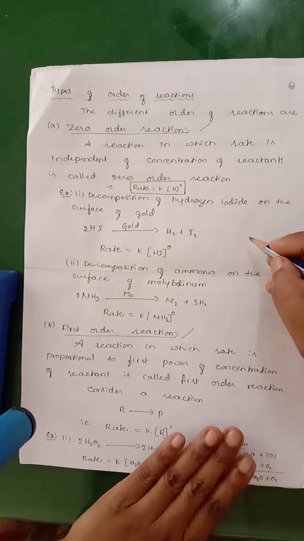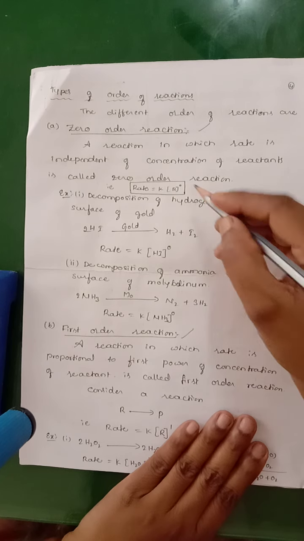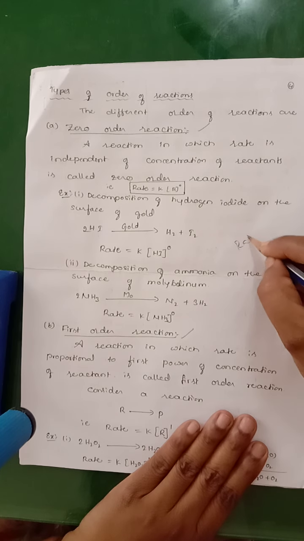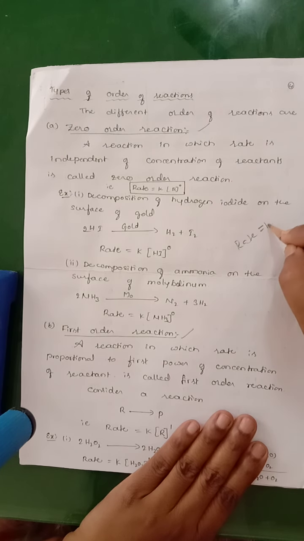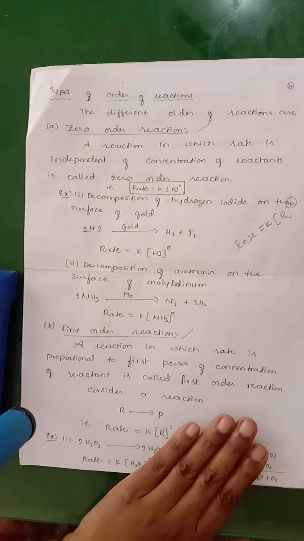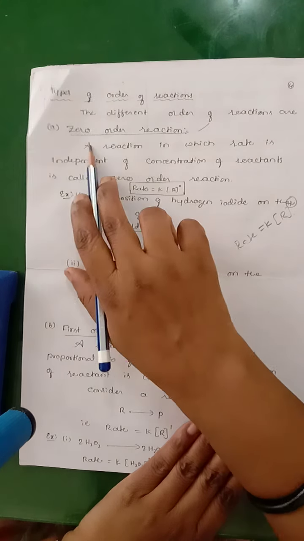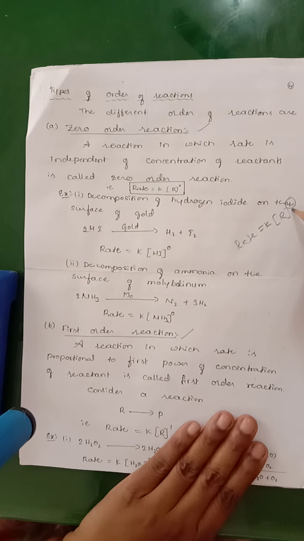So we know to write the rate of a reaction, that is, rate of a reaction is equal to k into concentration of reactants to some power x. So x is nothing but the order of the reaction. To explain the zero order reaction, this power x should be equal to 0.